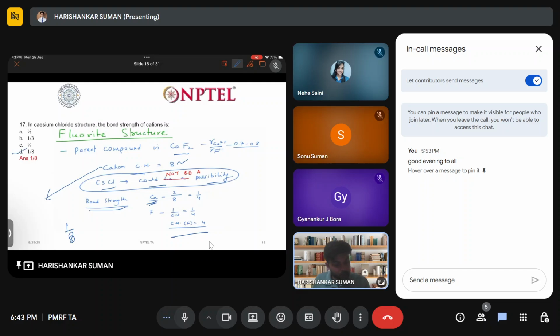Like here, 2 by 8 and 1 by 4 for fluorine. This is 1 by 4. That's why the coordination number is 4 for the Ca, actually.